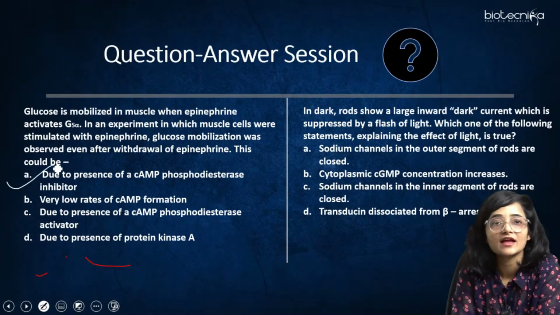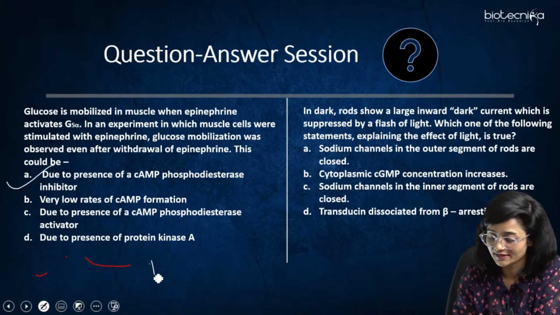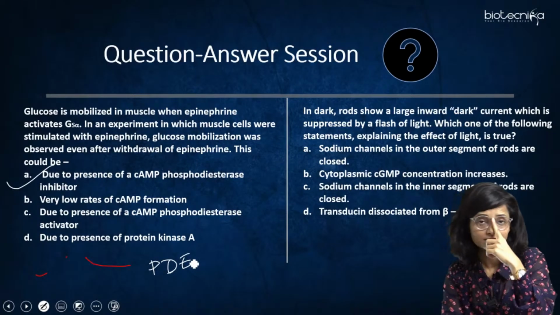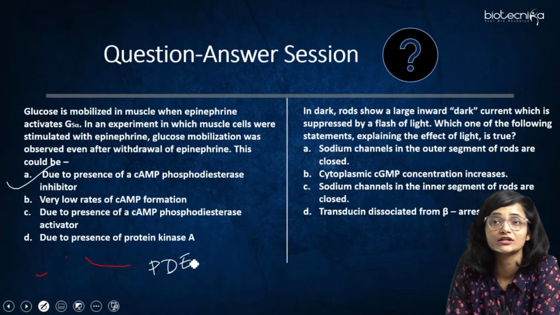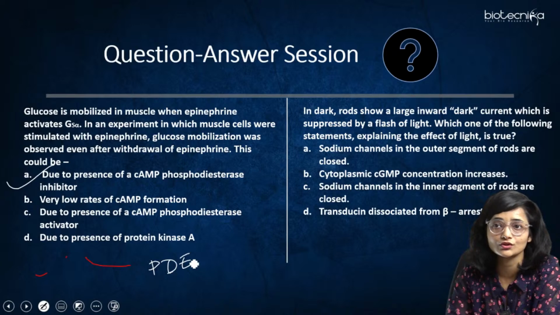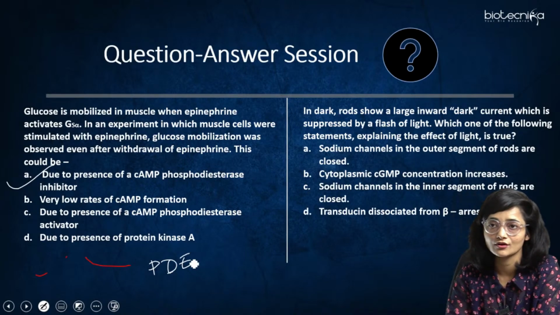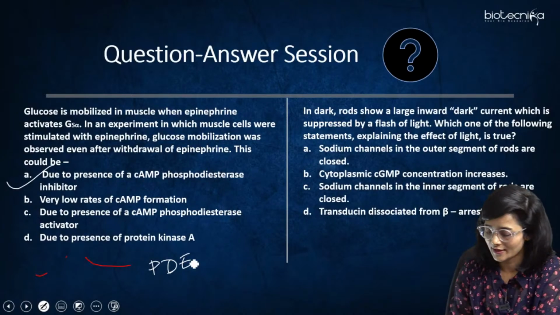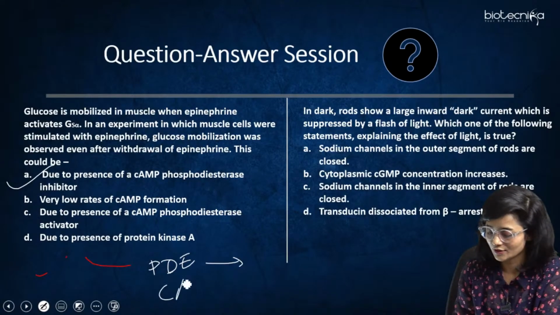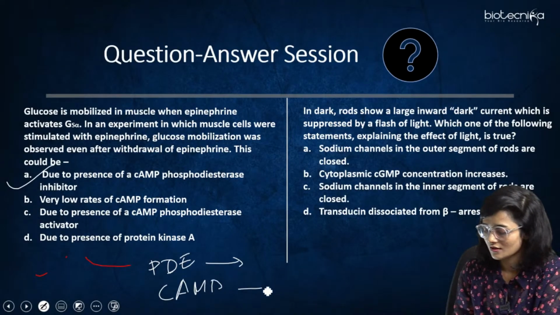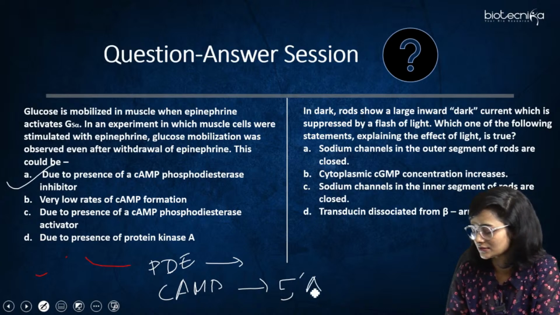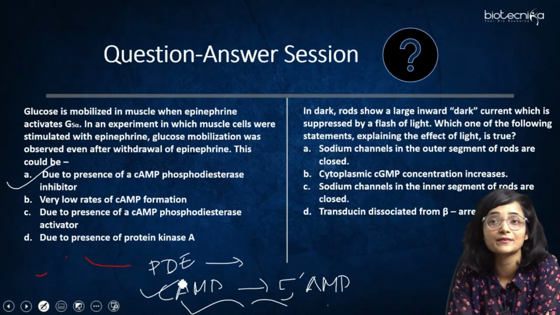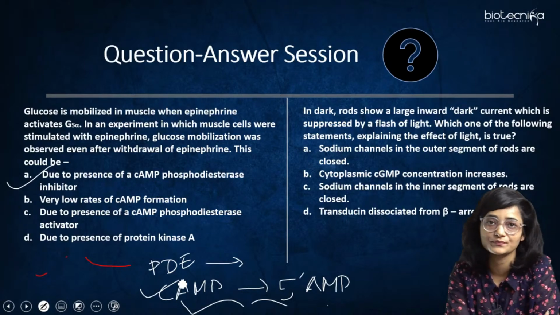As I explained yesterday, the PDE, the phosphodiesterase enzyme, is responsible for converting cyclic AMP into the normal form of AMP, the 5' AMP. This is when the concentration of cAMP gets reduced inside the cell.